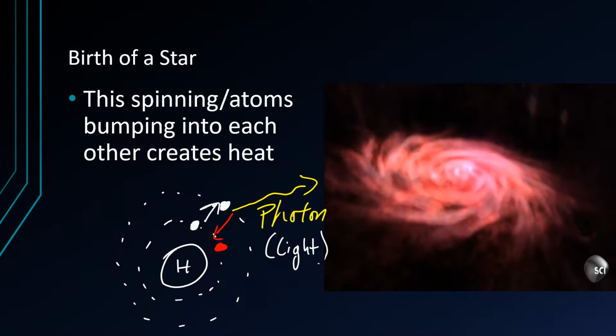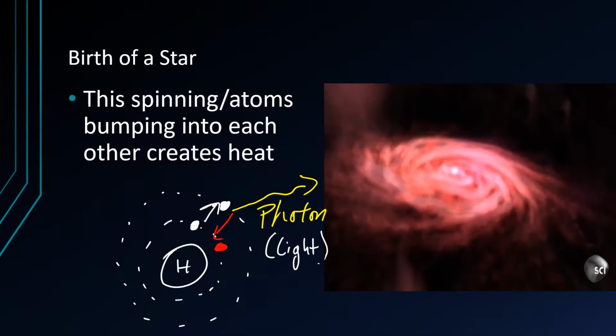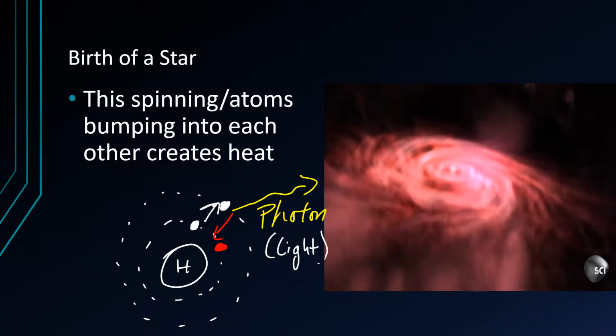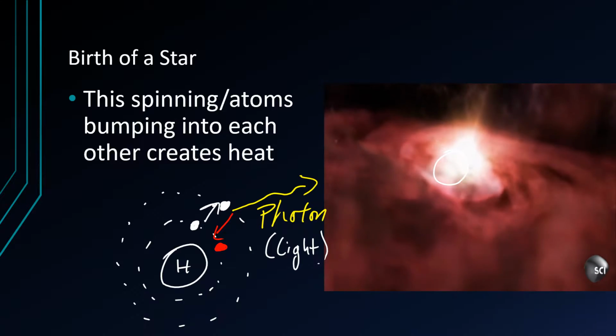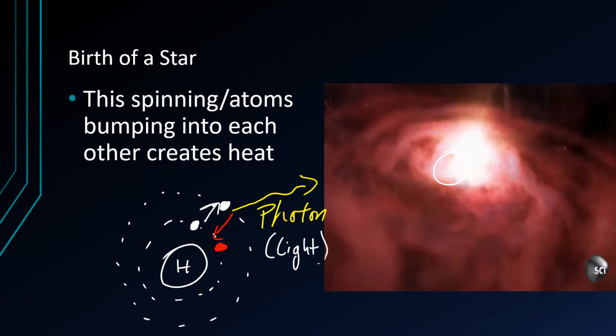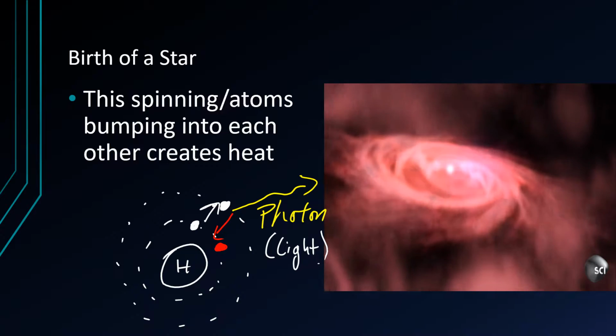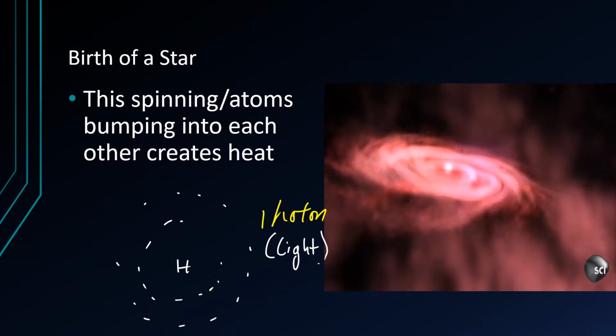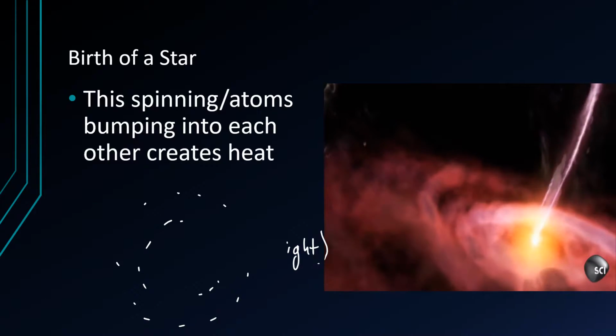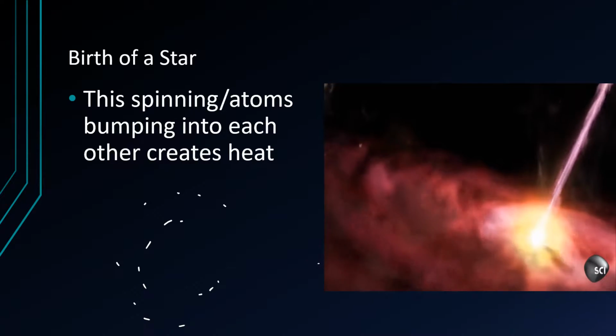So this continued heating is going to increase the temperature at the core of this spinning gas. And that's important, the increase in temperature, especially when we're just looking at hydrogen and helium.